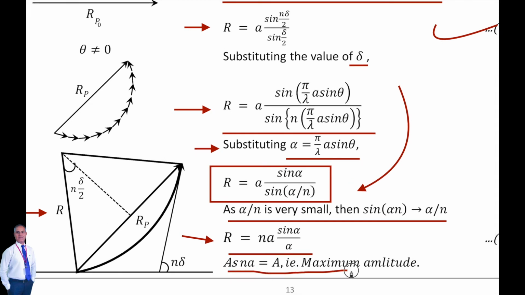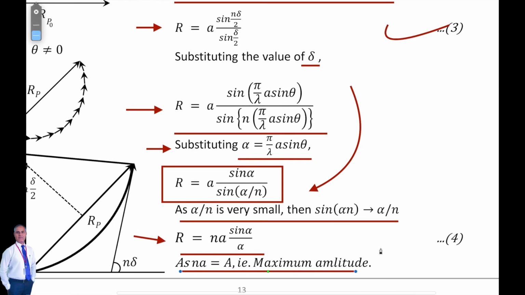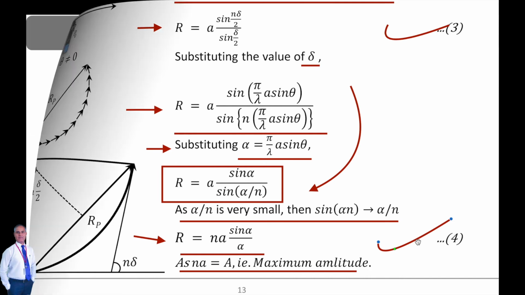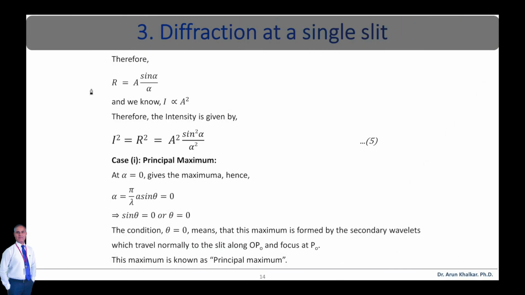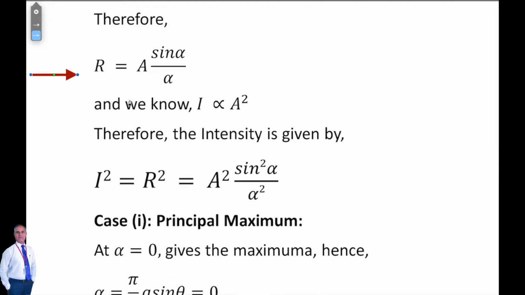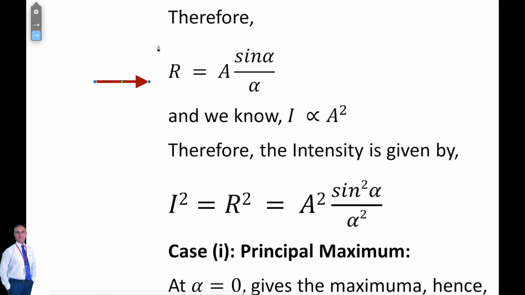Now as n into a is equal to capital A, and that capital A is nothing but the maximum amplitude at the point P0, hence equation number 4 can be written as capital R is equal to capital A, that is the amplitude, into sine of alpha upon alpha.